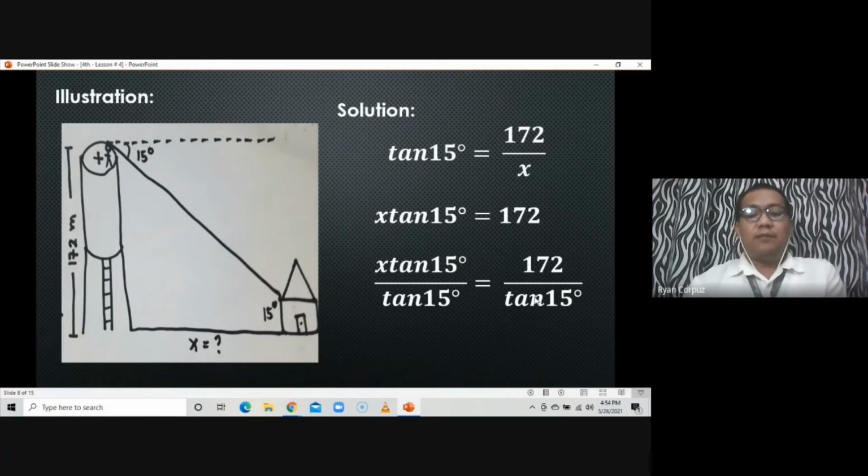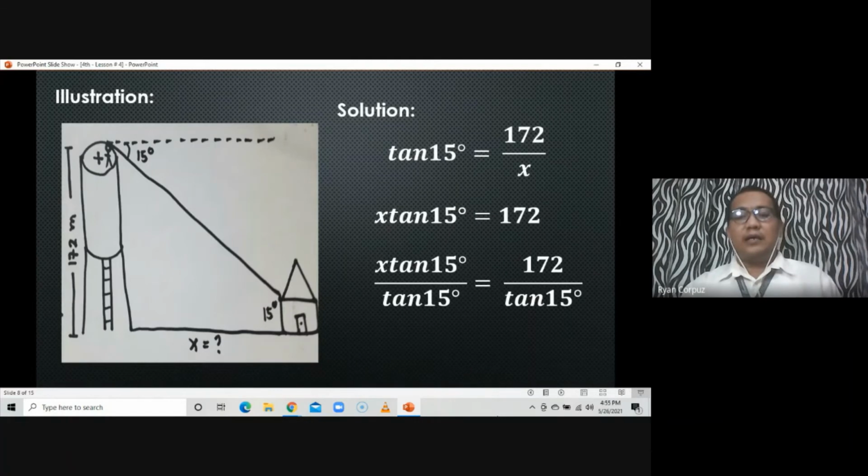But if your calculator doesn't have the fraction form, this is what we will do. First, press 172, press divided by, that is for the fraction bar. 172 divided by, press tangent, press 15, then press DMS.